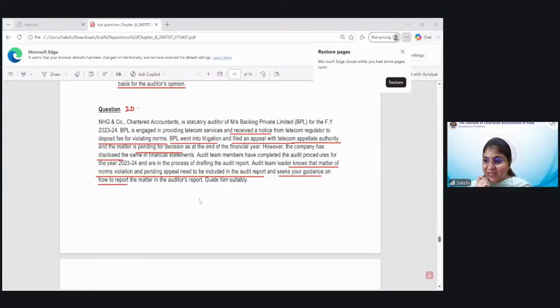Can anyone tell me any section of the Companies Act 2013 to be mentioned here, which relates to pending litigation and its impact on the financial position and financial statements? Some section of the Companies Act which deals with proper books of accounts, adequate internal control, and whether the financial statements comply with accounting standards or not.